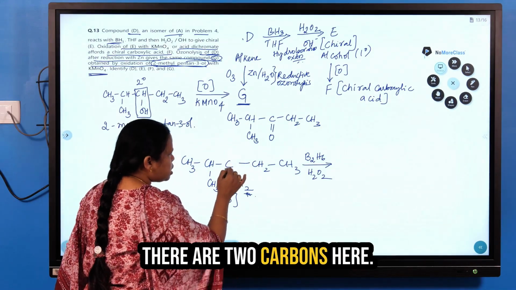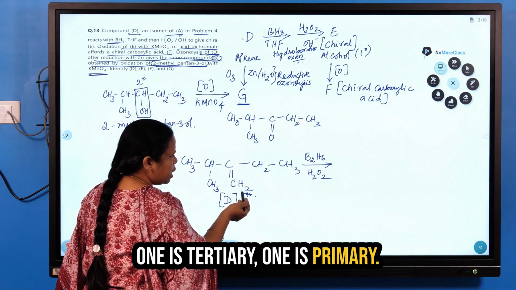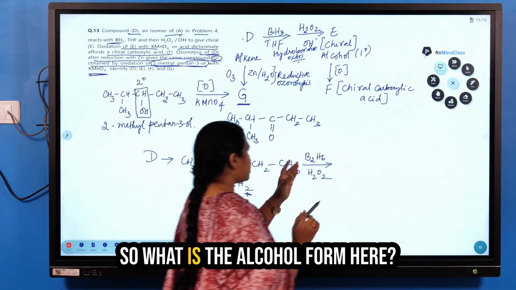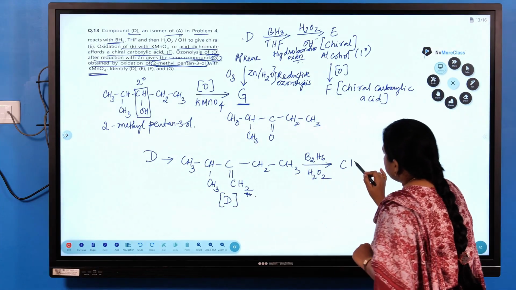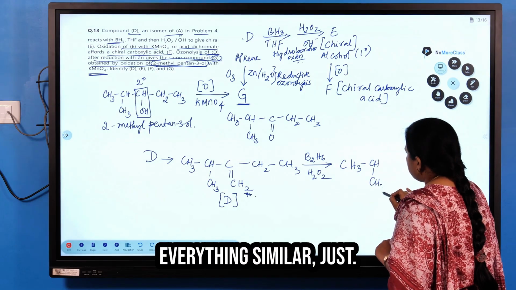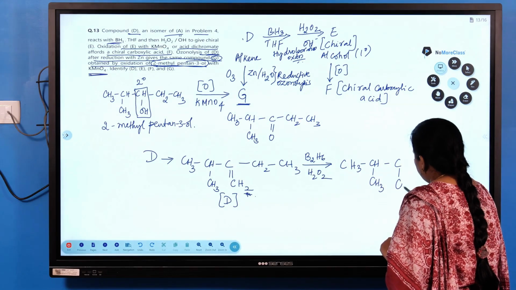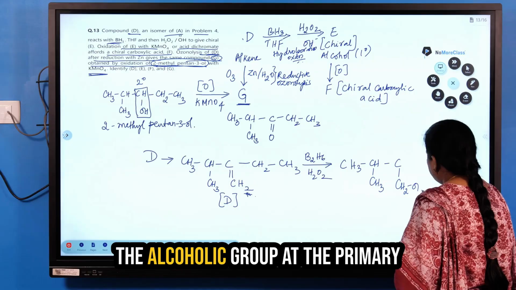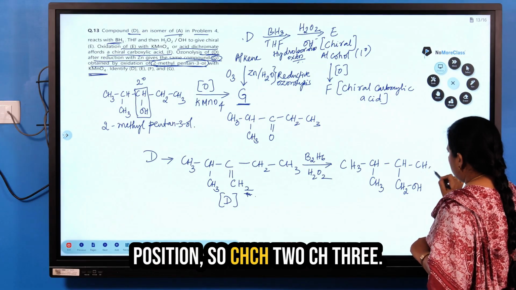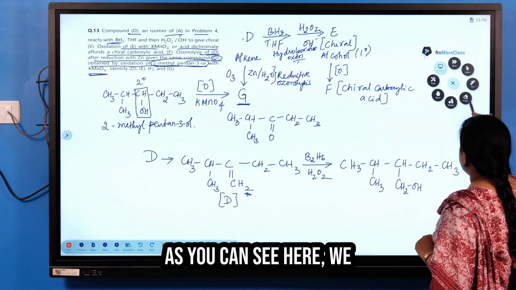There are two carbons here, one tertiary, one primary, so only the primary carbon will form an alcoholic group. So what is the alcohol formed here? CH3, retained everything similar, just the alcoholic group at the primary position. So CH, CH2, CH3.